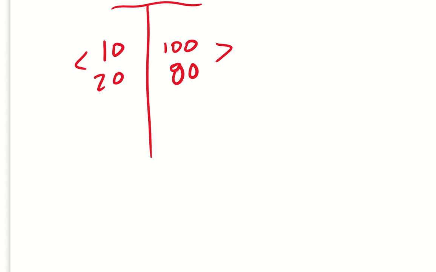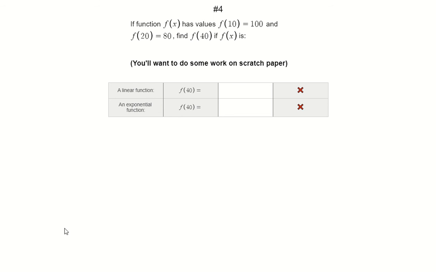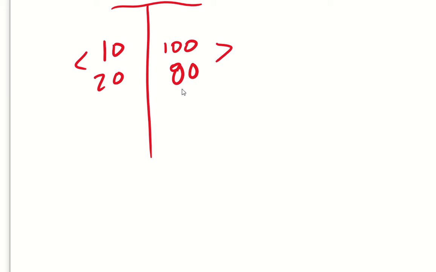What are we trying to find? Trying to find f of 40. So 10 to 20 is plus 10. 20 to 30 would be plus 10 again. 30 to 40 is plus 10.